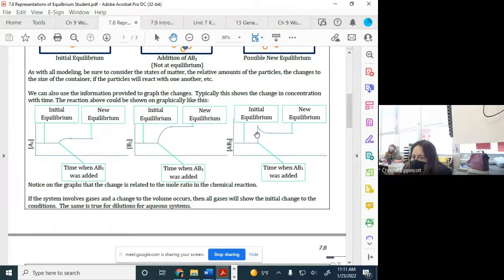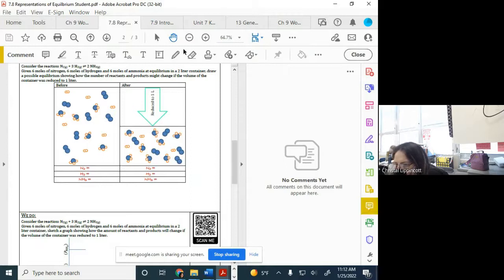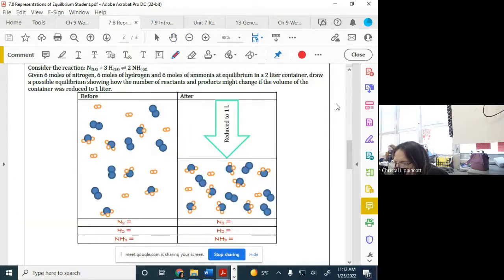Okay. So over here on 7.8, where we were talking about this yesterday, you were asking me, well, how do we know if we had to draw this in? How would we know that that was going to work out that way? And I said, well, let me explain Le Chatelier to you tomorrow, and we'll come back to that. Okay. So here we are.